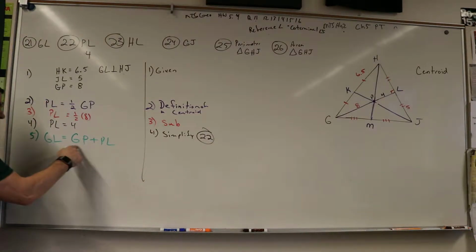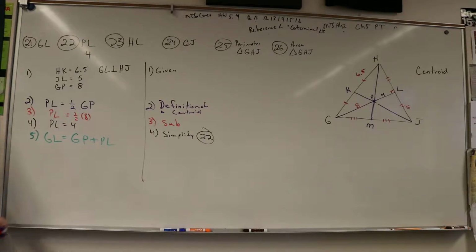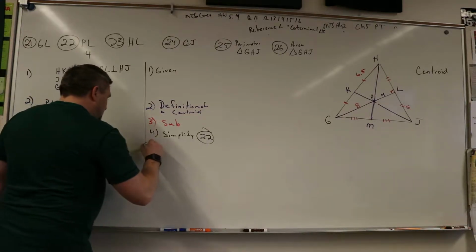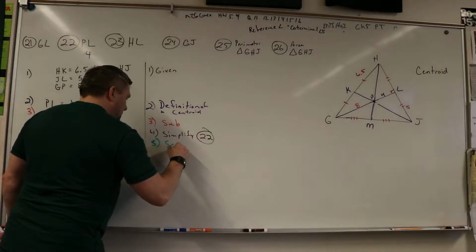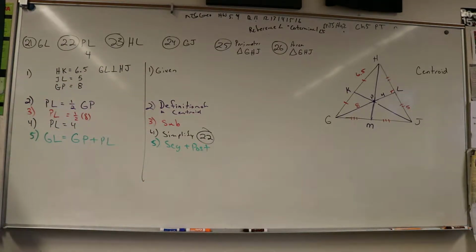See the GL? GL, P, boom. What's that called when you add 2 segments together and they equal another segment? Segment addition postulate. You remember that from the first chapter?